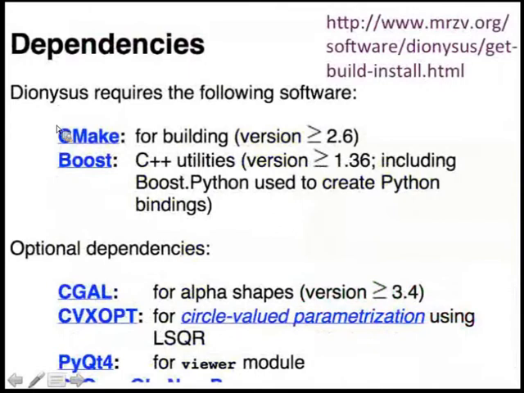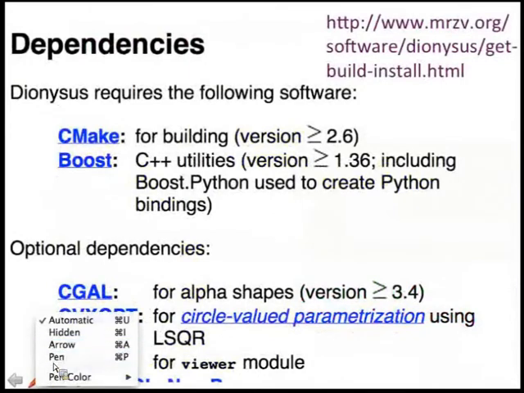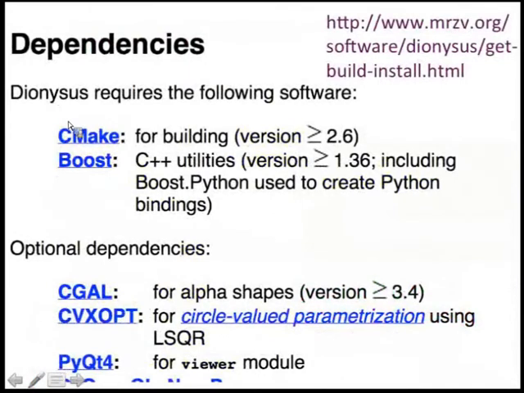Remember that Dionysus has two dependencies in addition to needing that C compiler that we downloaded last time. We also downloaded CMake, and I also downloaded these header libraries from Boost. However, one has to install a few of them.